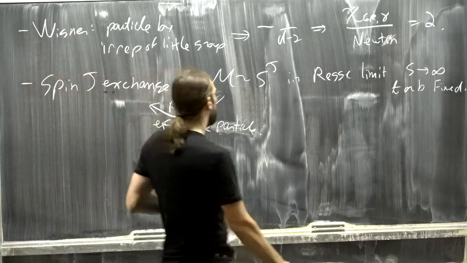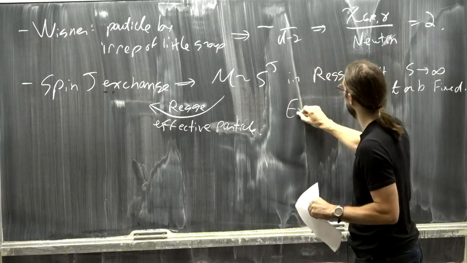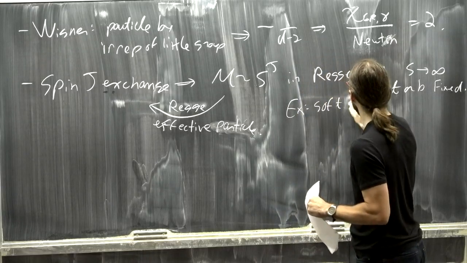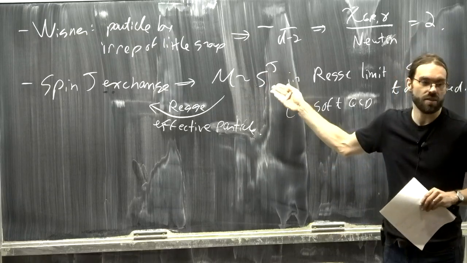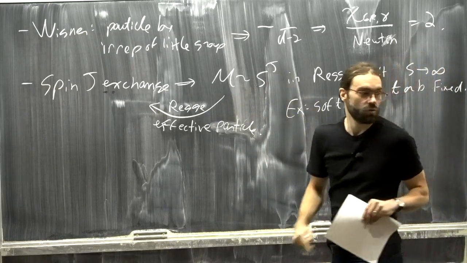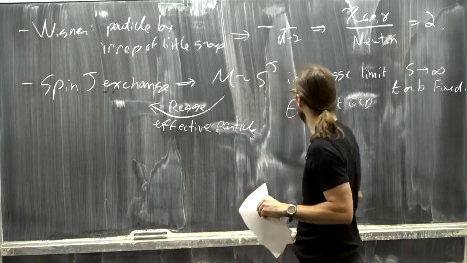For example, a lot of the physics in soft QCD can be understood in terms of a so-called pomeron, which has effective spin 1.08. It gives you an amplitude that grows at a certain rate.